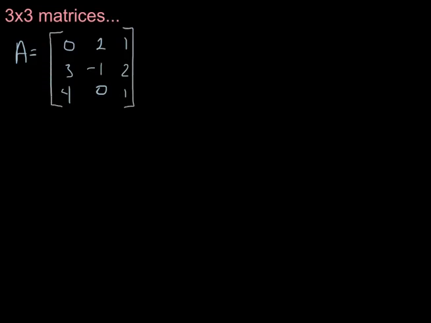So the determinant of A, we calculate by rewriting the matrix. We just copied the numbers from the matrix we were given, and then we're going to copy again the first 2 columns, just the first 2. So we'll have 0, 3, 4 again, and 2, -1, 0 again.